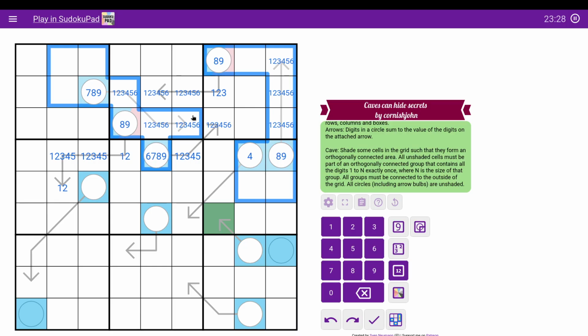Caves can hide secrets. I'm going to assume that the word secret in the title here is referring to adding up the digits 1 through 9 to make 45.